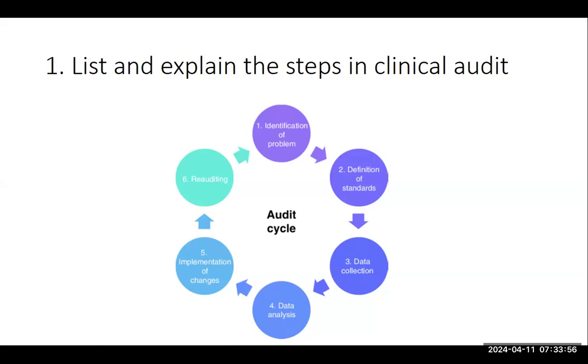Then you measure your performance. This is where you collect data, then you analyze the data and compare it with the standard guideline that you choose. So that is how you will get to measure what exactly you are doing.